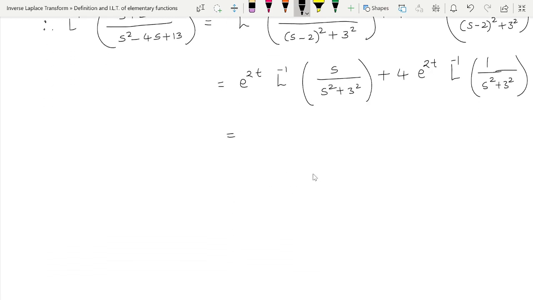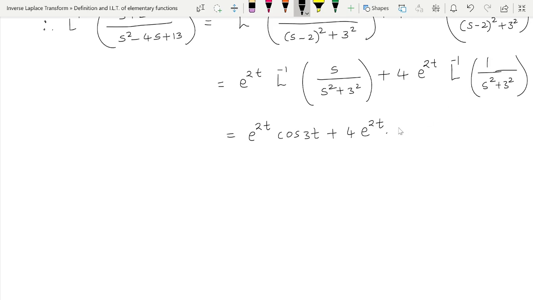What is the inverse Laplace transform of s upon s square plus 3 square? Since in the denominator we have a plus, it is sure that it is trigonometric, sine or cos. But in the numerator we have s, so it should be trigonometric cos only. So this will be e raised to 2t cos of 3t, plus 4 times e raised to 2t. Now in the numerator here we are not having anything, so it should be trigonometric sine.